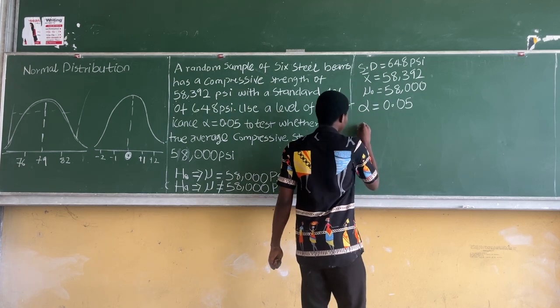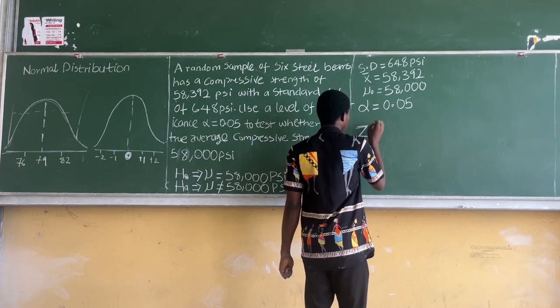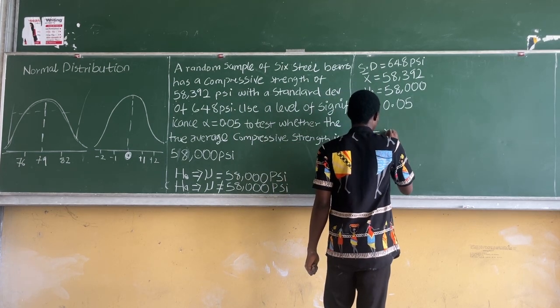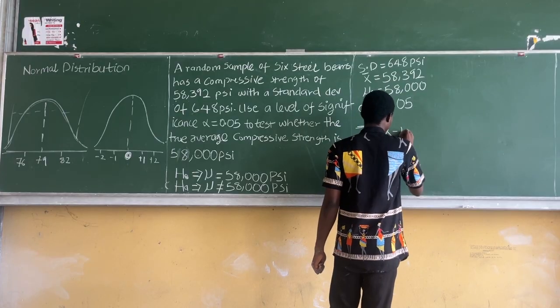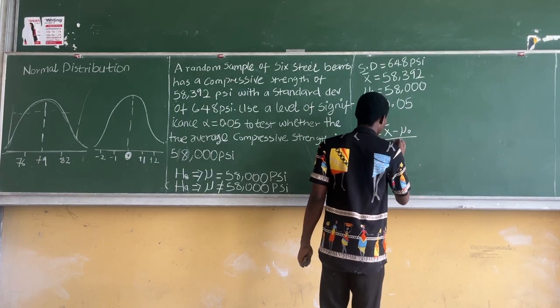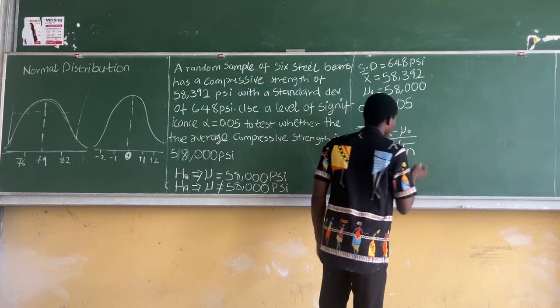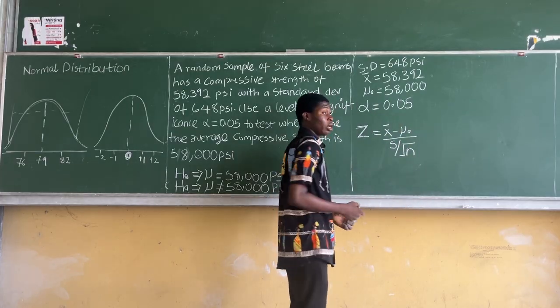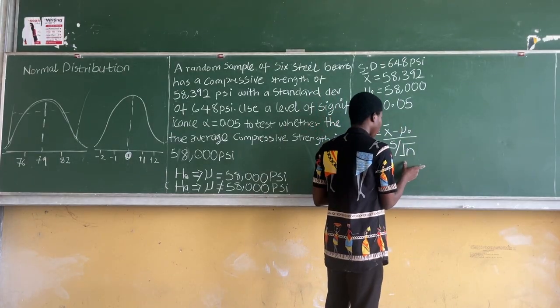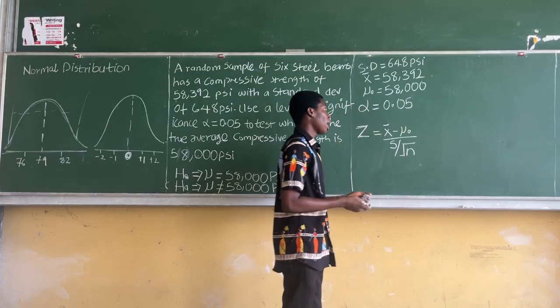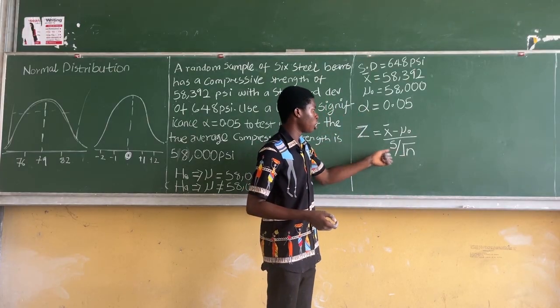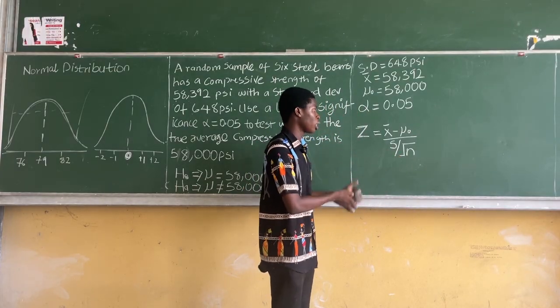So in order to get our Z value, Z is equal to x bar minus mu divided by our standard deviation s all over square root of n. These values on the lower side, in some textbooks, are usually represented as standard error. So instead of walking through this, they can just write the standard error and you work it out yourself.